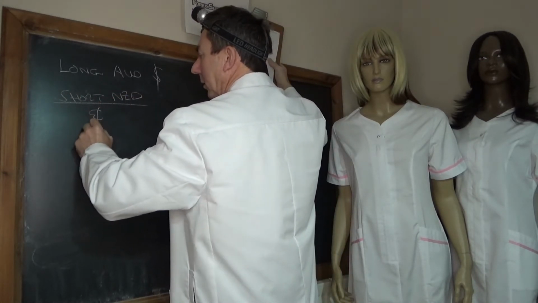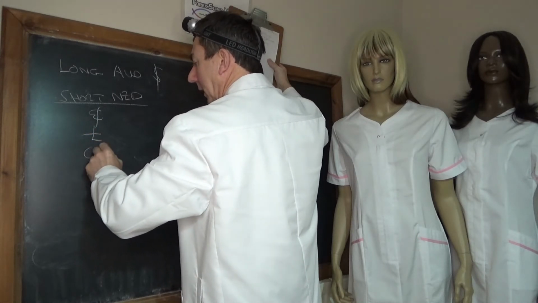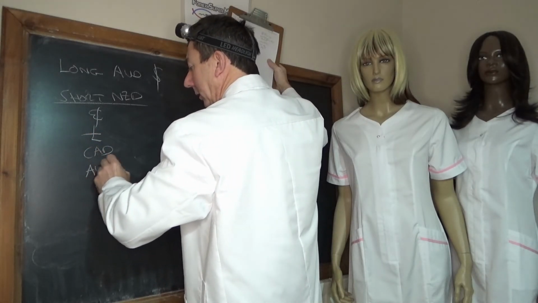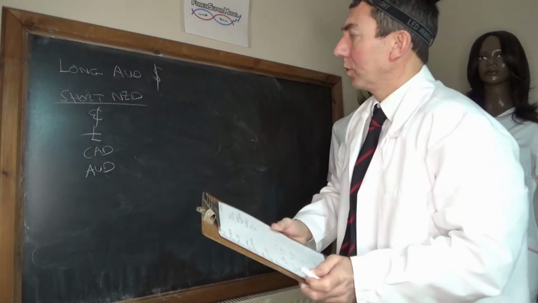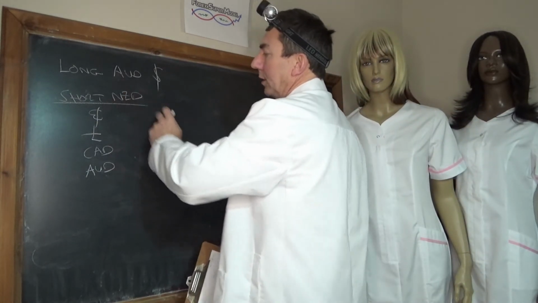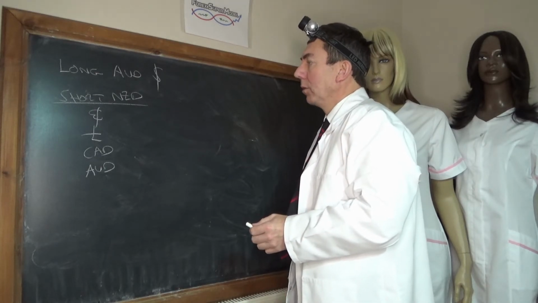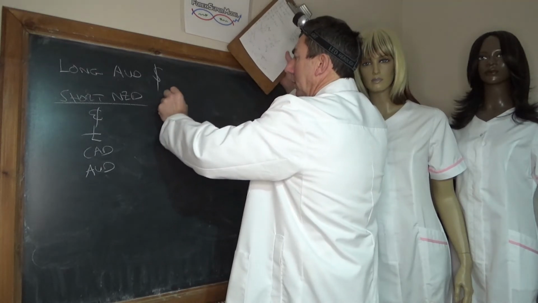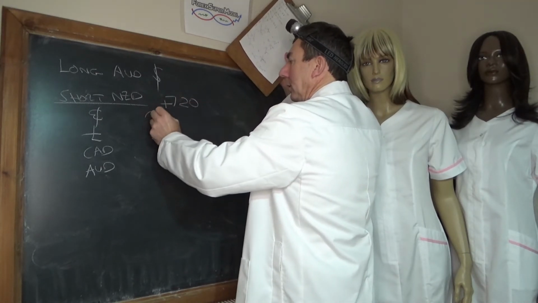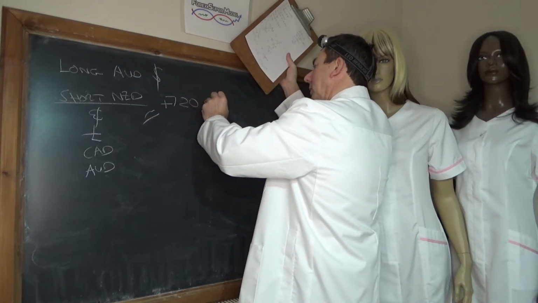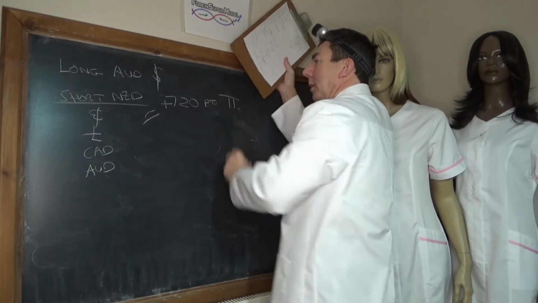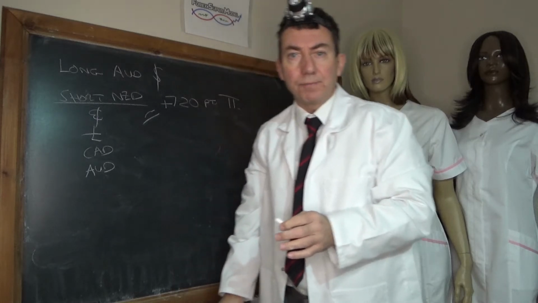In the euro, the pound, the CAD, and the AUD. So we're long euro, NZD, long pound, NZD, etc. Right. So we're about, I don't know, plus 720 points profit at the moment. Right. We're sticking with those positions.